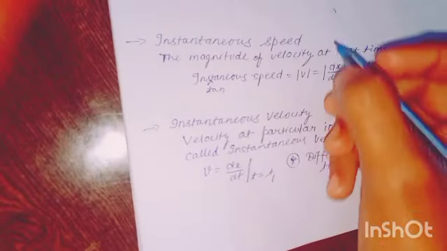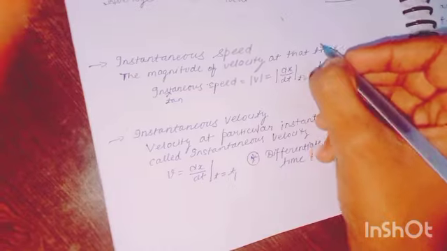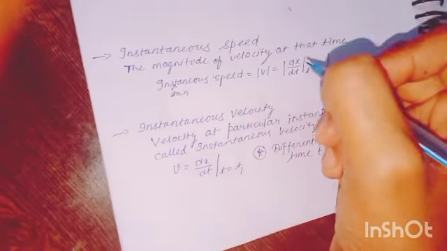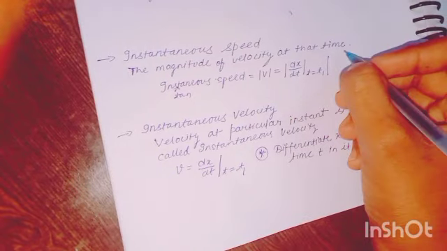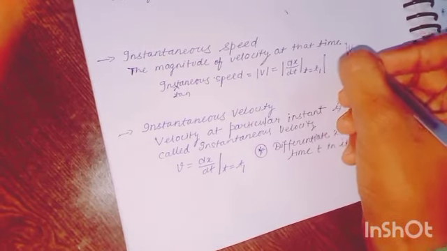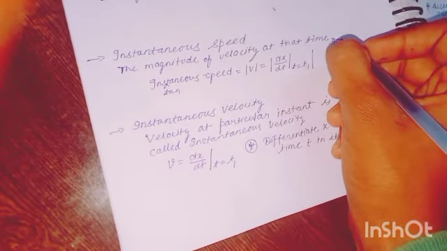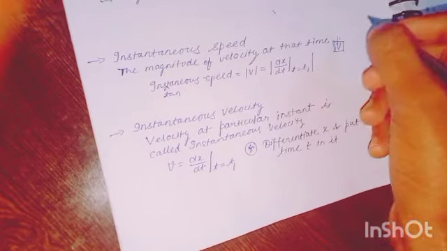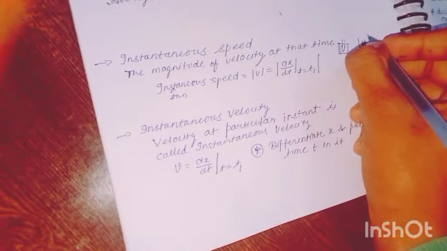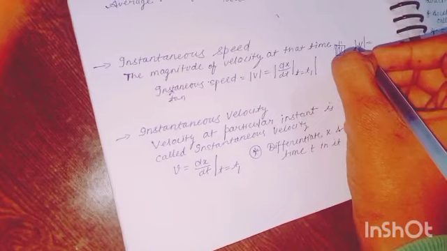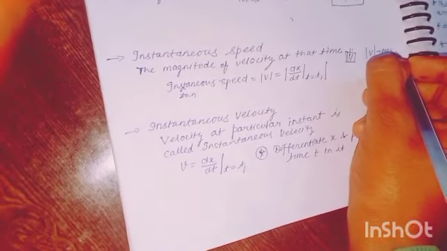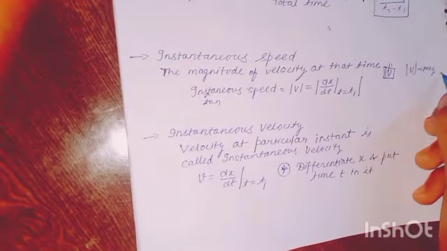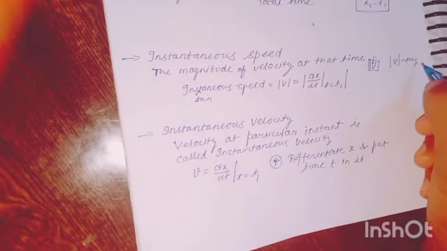Fourth, instantaneous speed. Instantaneous speed is the magnitude of velocity at that time. It is when we differentiate for any particular instant, and then its magnitude would be. Here, by these lines, we represent the magnitude, and this will be named instantaneous speed.